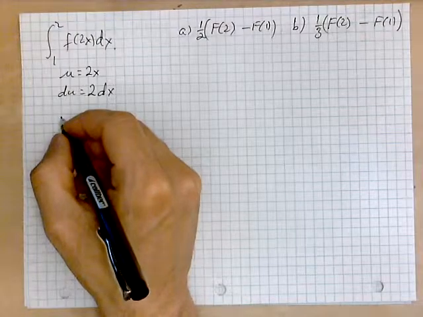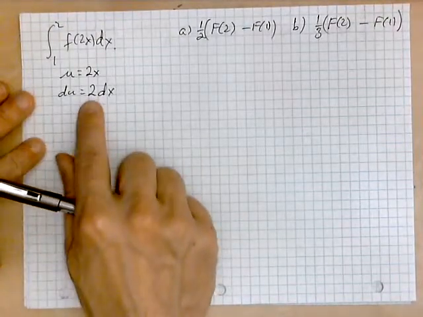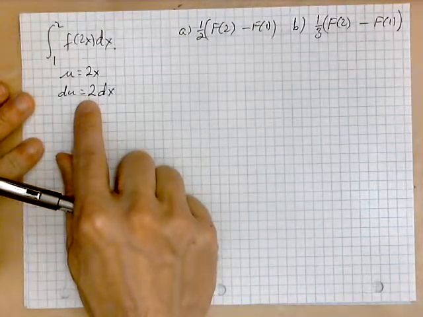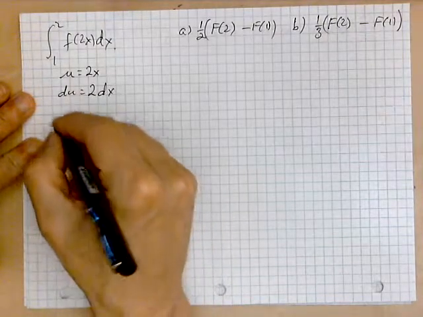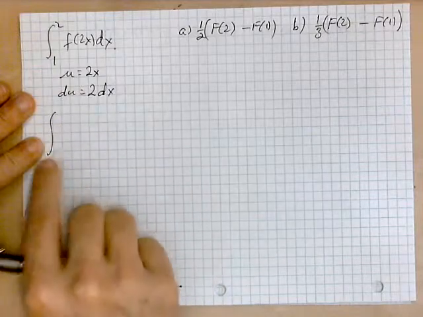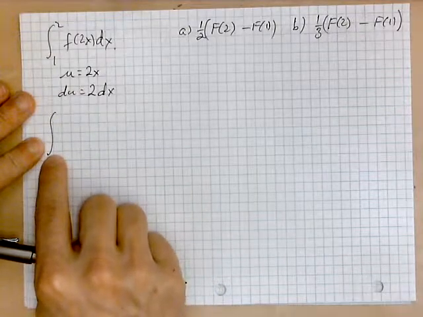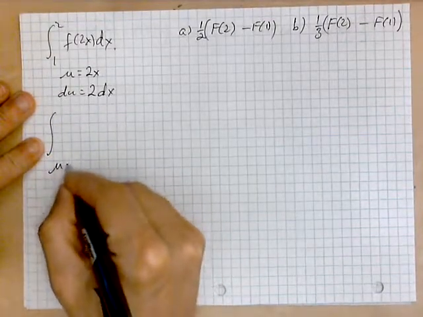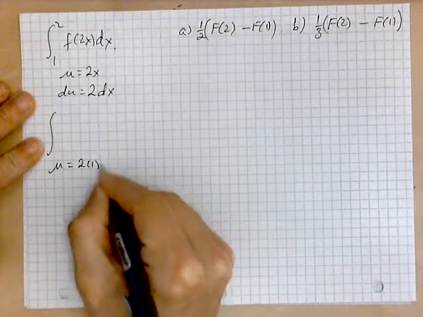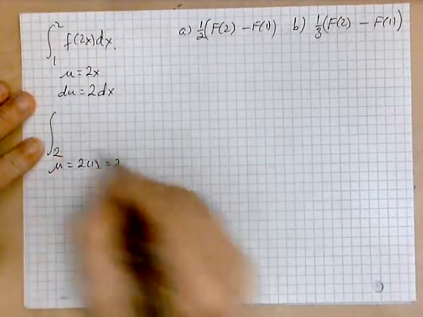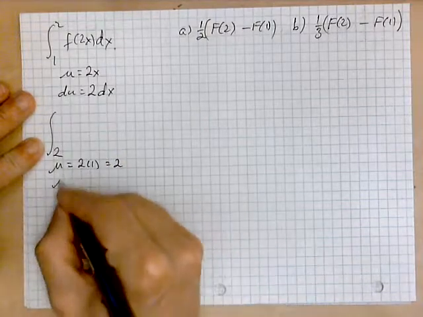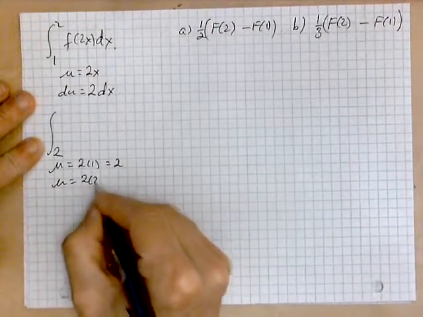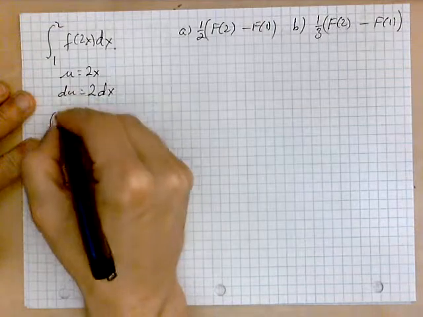And if you like, you can also change the limits of integration. So the function now will look like this. You can change the lower limit of integration by doing this. u equals 2 times 1, which is 2. The upper limit of integration you can change as u equals 2 times 2, which is 4.